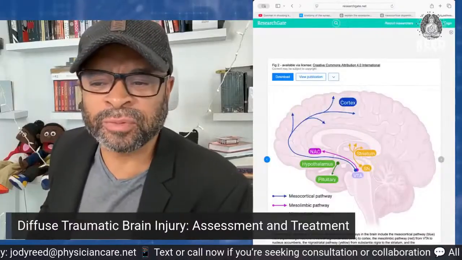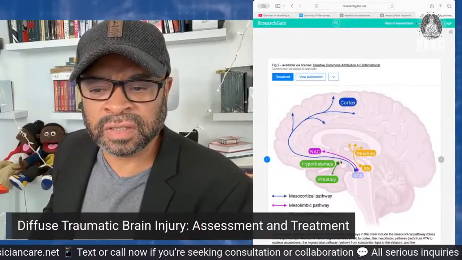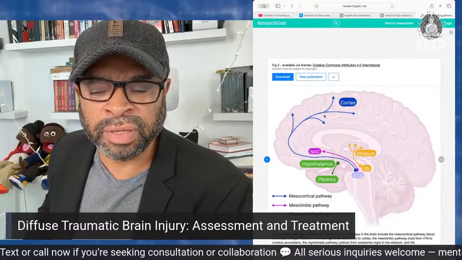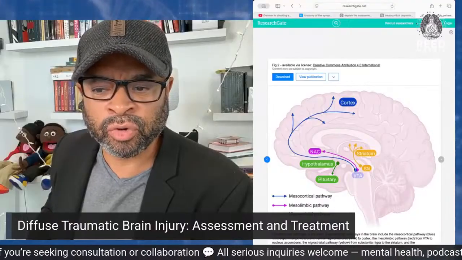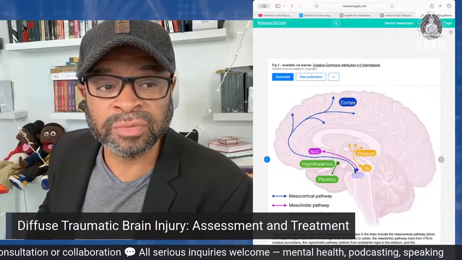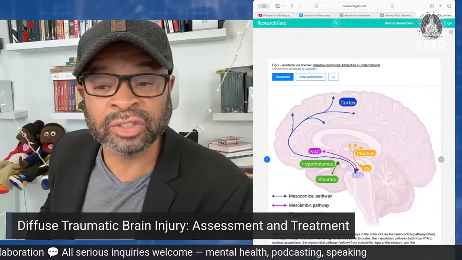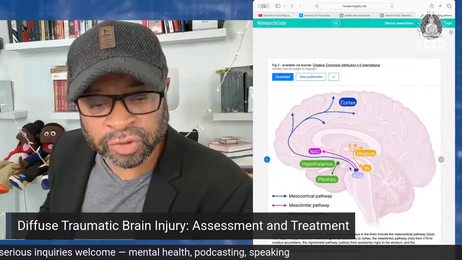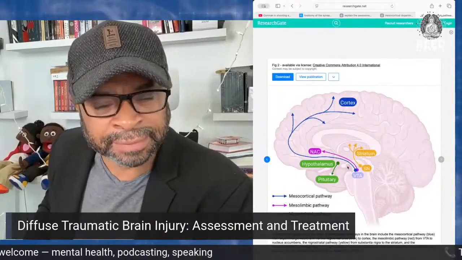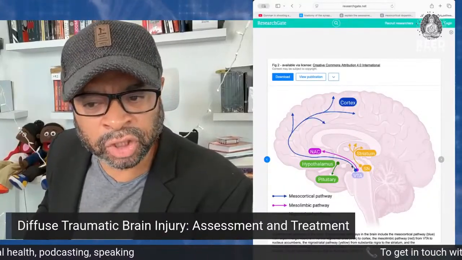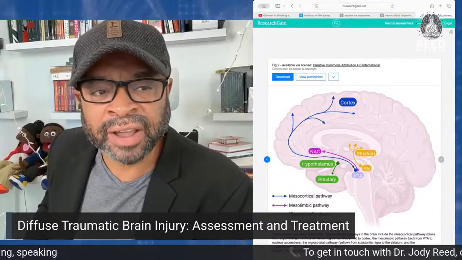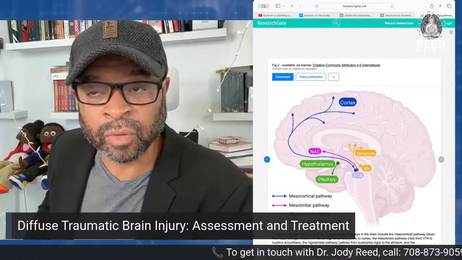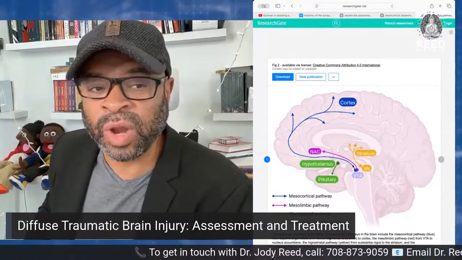It's for educational purposes. So this is the major nerve bundle in your brain called your mesocortical pathway, that's primarily responsible for the symptoms of autism and schizophrenia. If the diffuse traumatic brain injury damaged this root at the stalk, then the entire network becomes unstable, meaning it's no longer regulated.